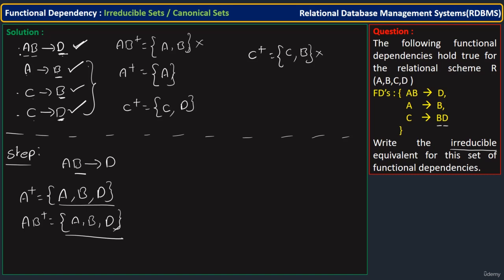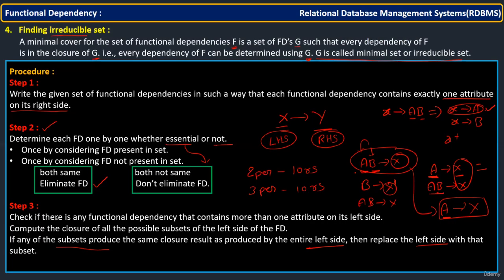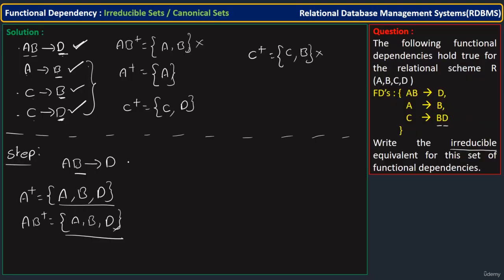That is what the last point says: replace the left side with that subset. So this FD, AB derives D, instead of B you can simply write A. So let us remove this part.